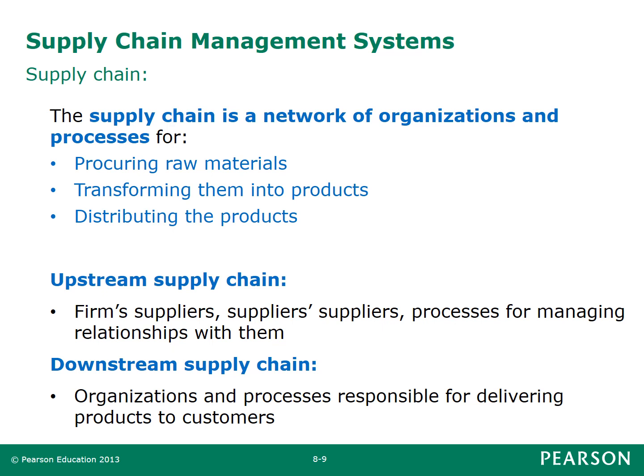The supply chain is a network of organizations and processes for procuring raw material, that is, the upstream supply chains include all the suppliers of raw materials, half-finished material, intermediate materials needed for an organization to transform them into products. And after the production, the firm distributes them over the downstream supply chain to reach the customer.